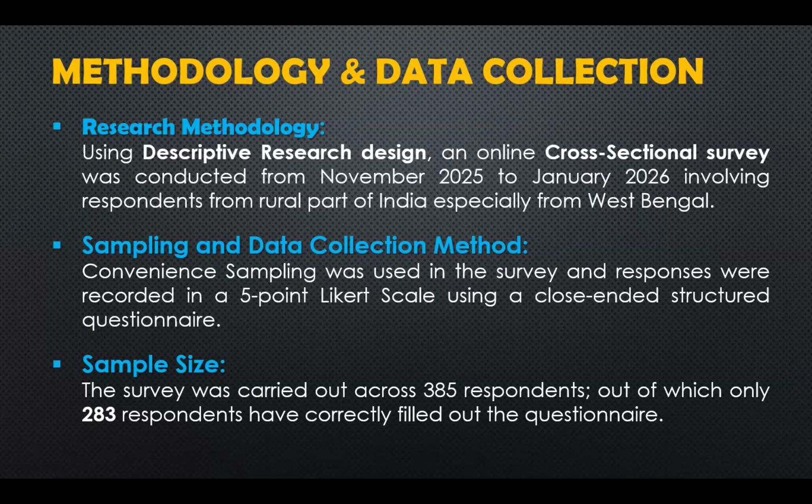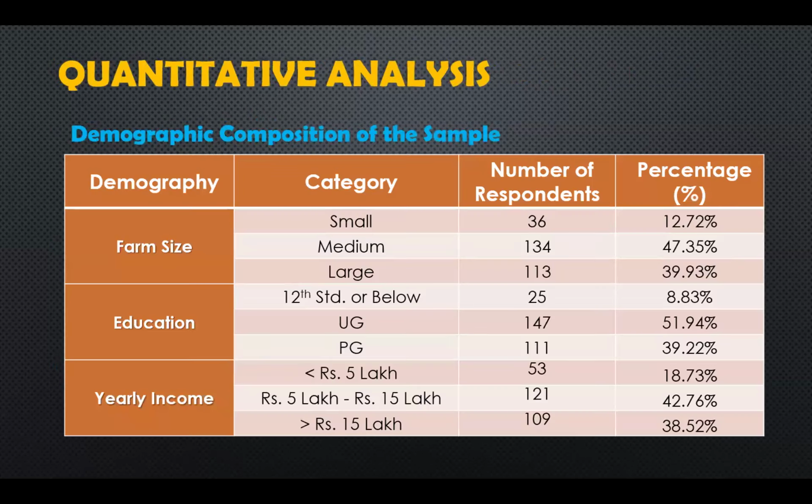The survey was carried out across 385 respondents, out of which only 283 correctly filled out the questionnaire. Now this is the demographic composition of the sample on the basis of farm size, education and yearly income of the participants.